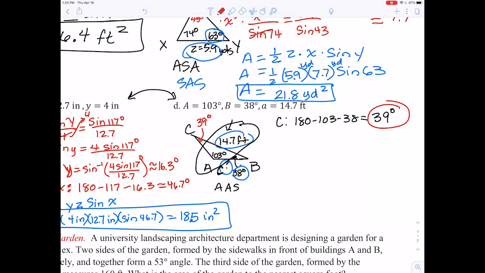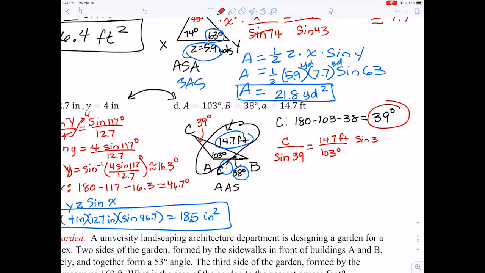So now that I have angle C, I can find side C, which is what I'm looking for. So to find side C, I would do C over the sine of C, and then I would use my information for side A, because I have both pieces of information there, over sine of 103 degrees. Multiply both sides times sine of 39 to clear the fraction.